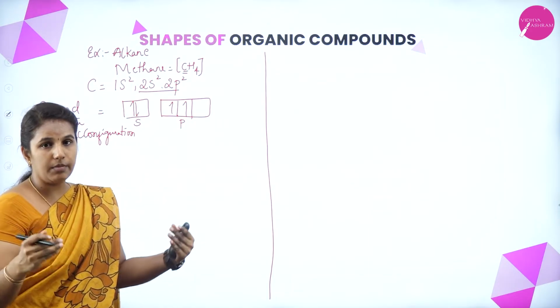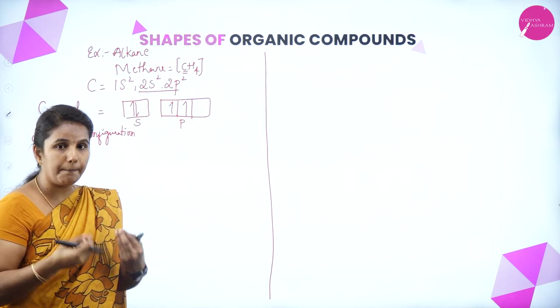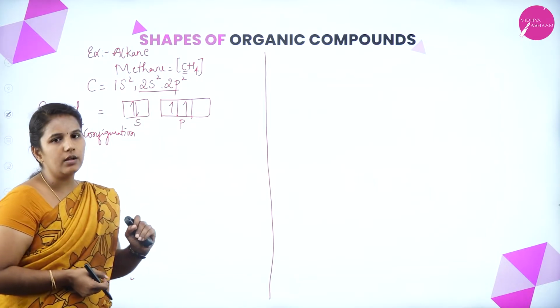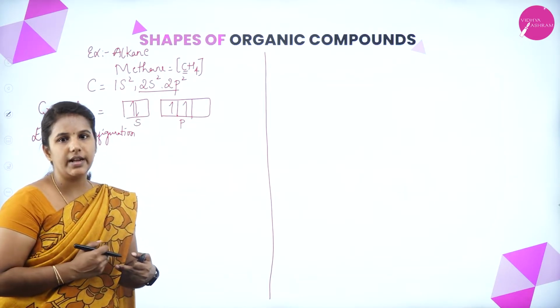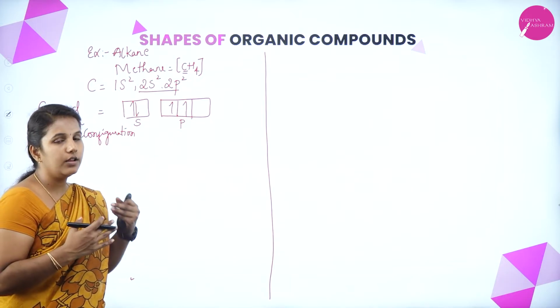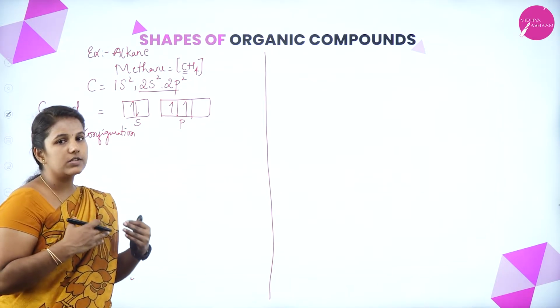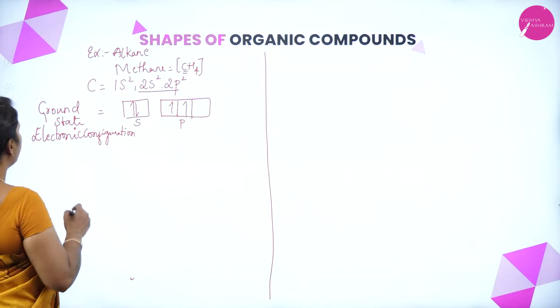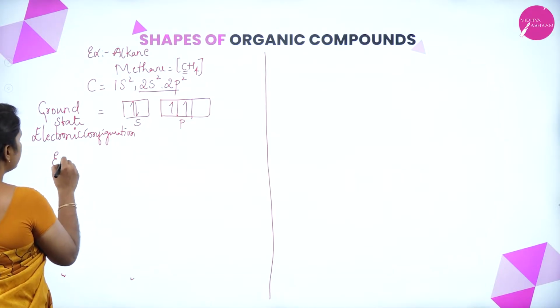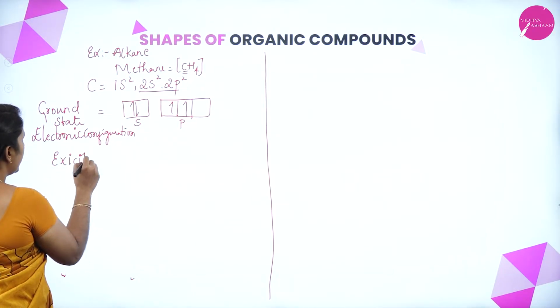At the same time, when 4 different hydrogen atoms approach the carbon atom, it gets excited. When it is excited, the electronic configuration will differ. We'll see how we write it, in the excited state.